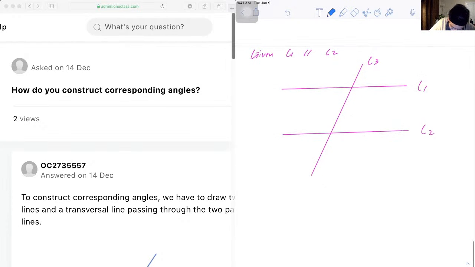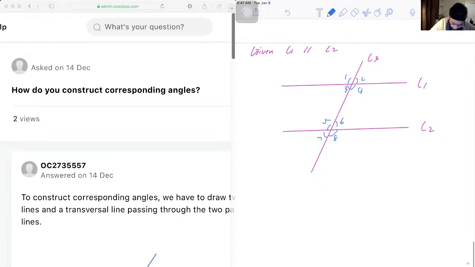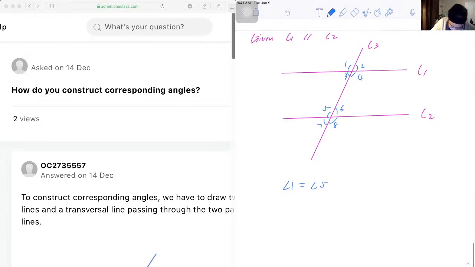Let's label that first as 1, 2, 3, 4, 5, 6, 7, 8. Okay, so angle 1 is equal to angle 5, so these two.